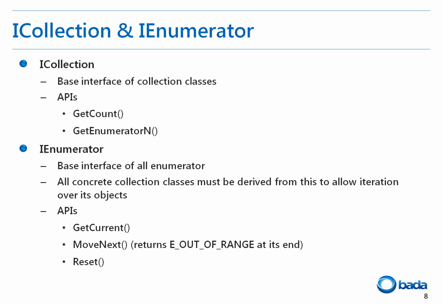The getCount method returns the number of items in the collection, and the getEnumeratorN method returns the enumerator interface. iEnumerator is the enumerator of the collection, and it's used to get the items in the collection in sequence. The enumerator provides the getCurrent method to get the object at the current point. The moveNext method moves the point to the next object, and the reset method moves the pointer to the first item.